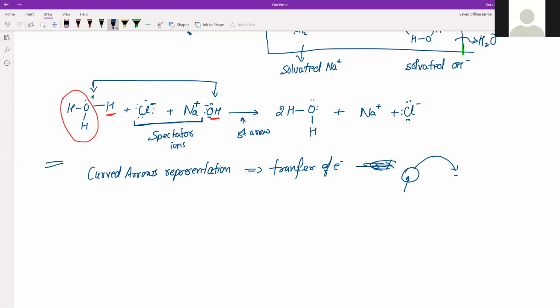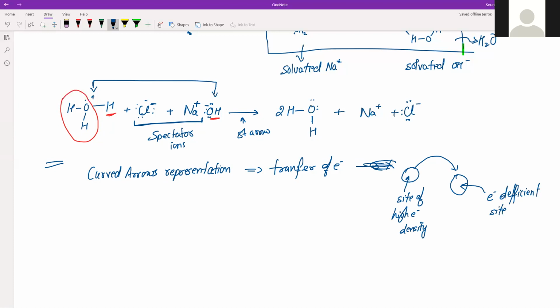So that means there is this particular thing. This is a site of, say, high electron density, where there are more electrons, and this is a site of electron deficiency. So we can say this is an electron deficient site.